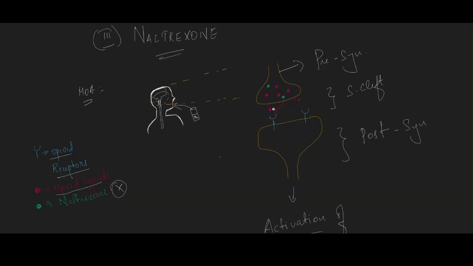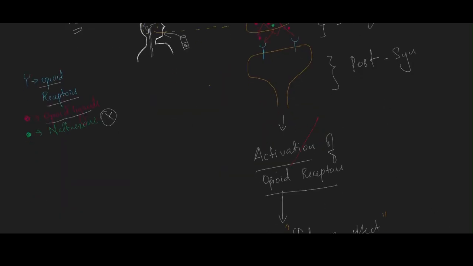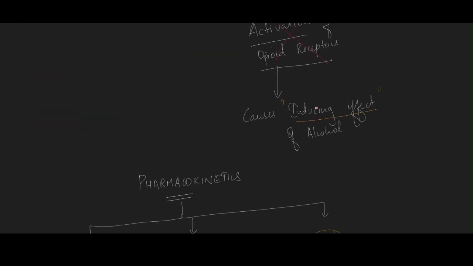When naltrexone binds here, the opioids cannot bind to their receptors. That leads to a disruption in the activation of the opioid receptor, and therefore it prevents the inducing effect caused by the alcohol. That is how naltrexone helps me to decrease the craving effect.